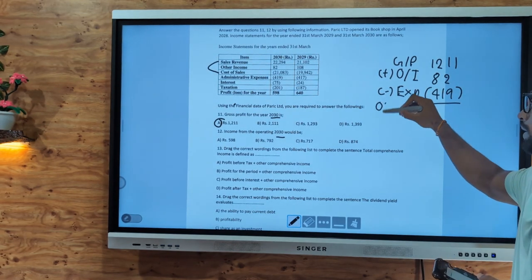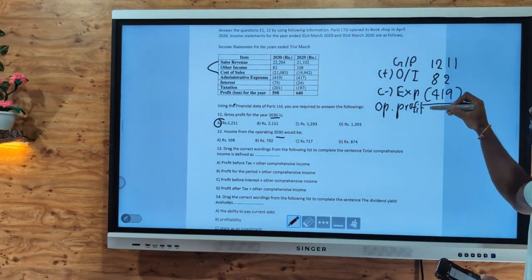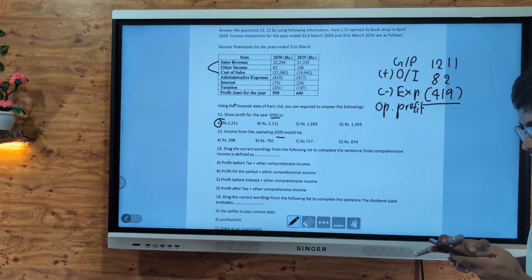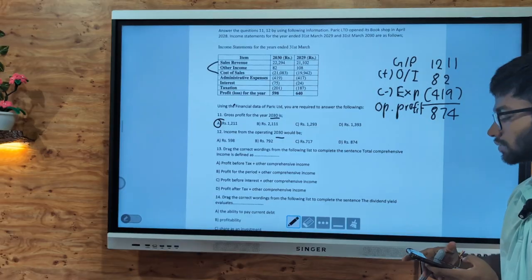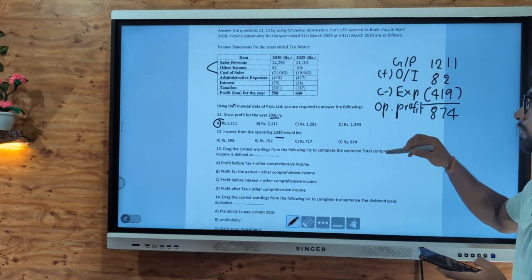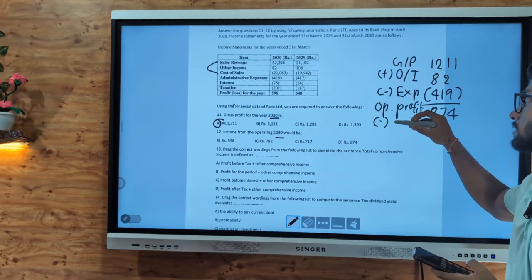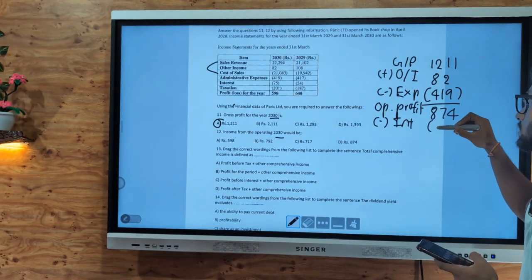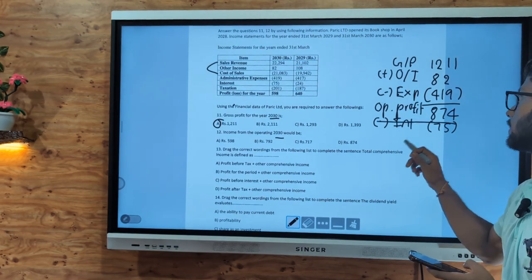Then we get operating profit. 1,211 plus 82 minus 419. Then from this we have to deduct the interest, which is 75. No, we don't have to deduct the interest. So here operating profit is 874.